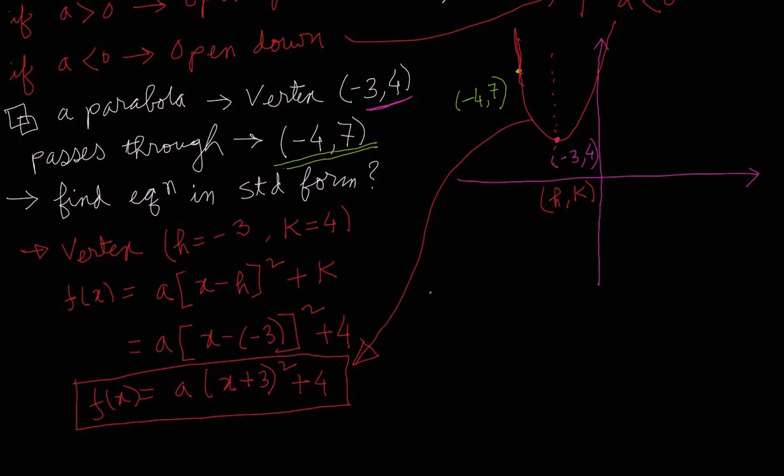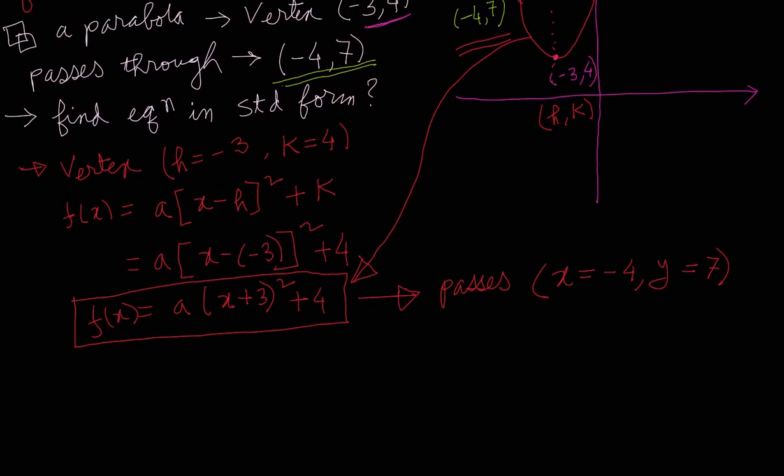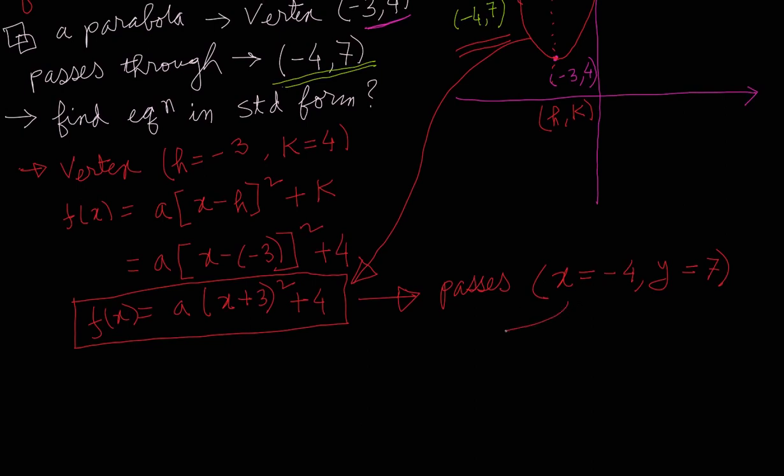You notice that this particular parabola passes through the point where x equals −4 and y equals 7.